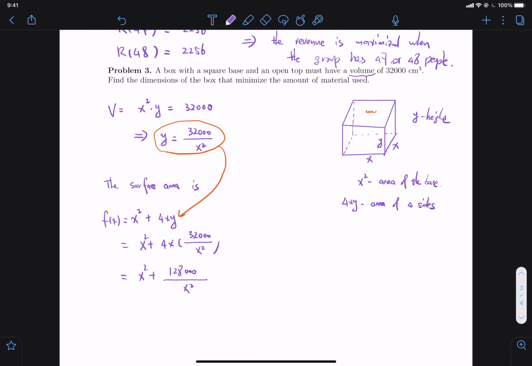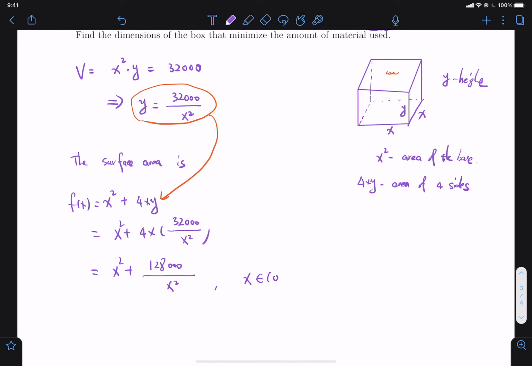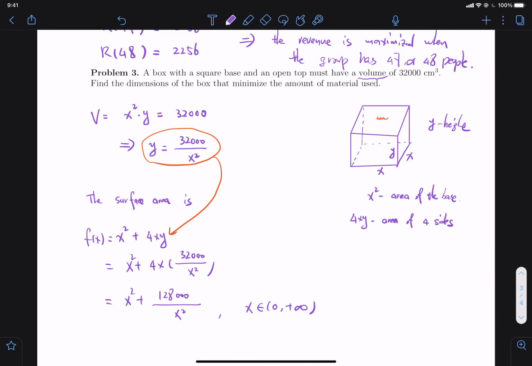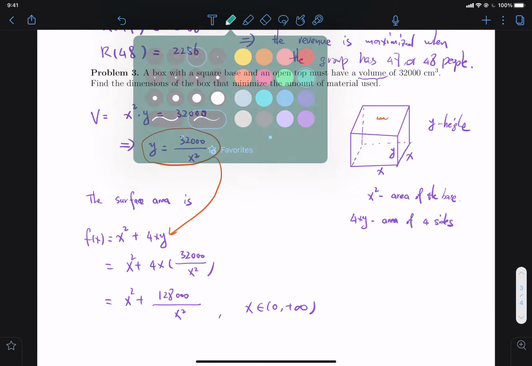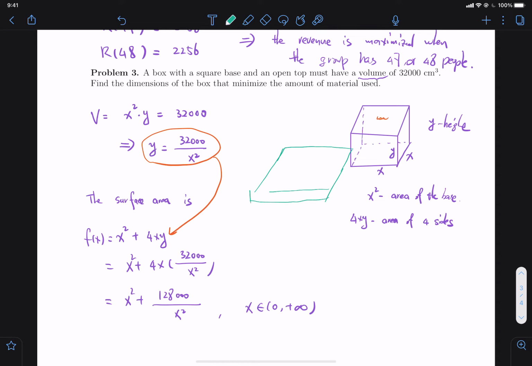And we need to know the range of this x. We know that this is from 0 to positive infinity, because only the volume of this box is fixed. The dimension is not fixed, so you can build this box as flat as you want. It could be, for example, a very large flat box like that, very short like this, so x will be very large in this case.